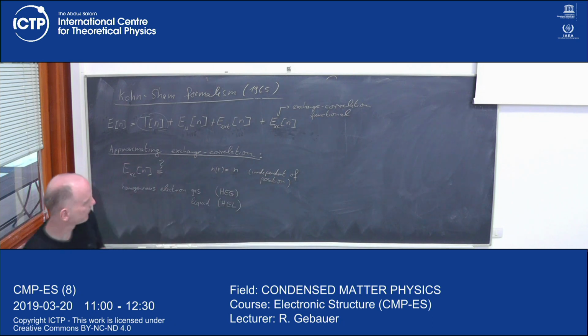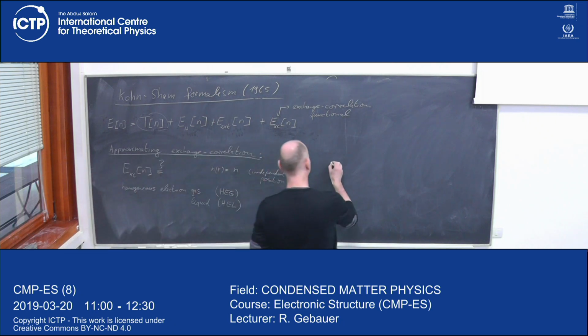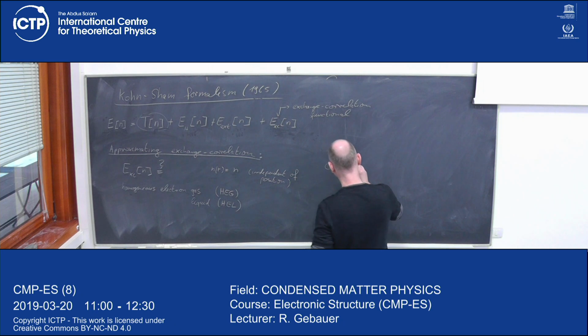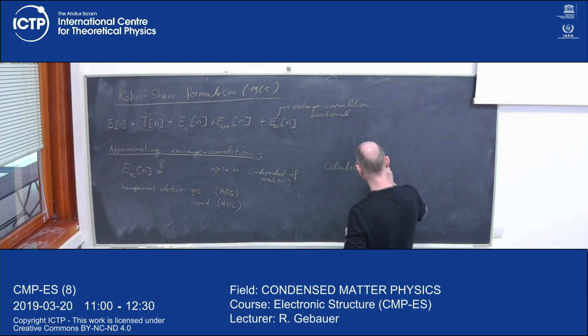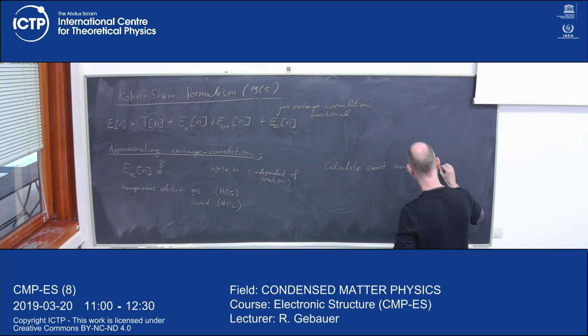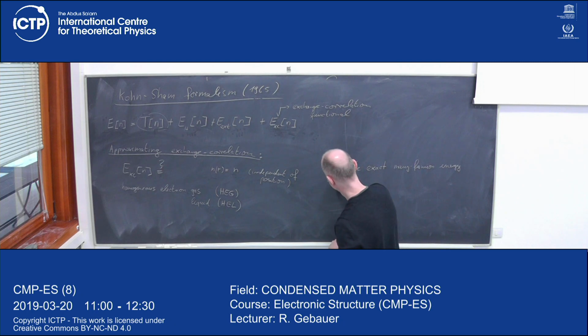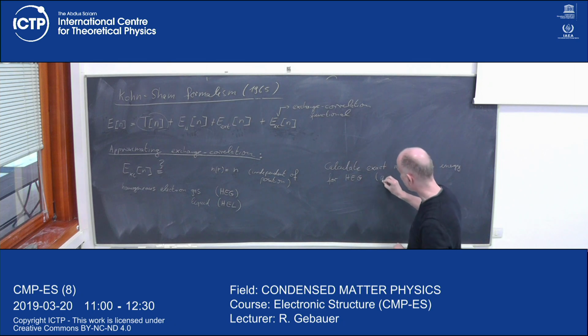Okay, so you have this. And this is out of the scope of this lesson here, but one can calculate the exact energy of a homogeneous electron gas. These people calculate the exact many-fermion energy for a homogeneous electron gas, and this is done with quantum Monte Carlo methods.